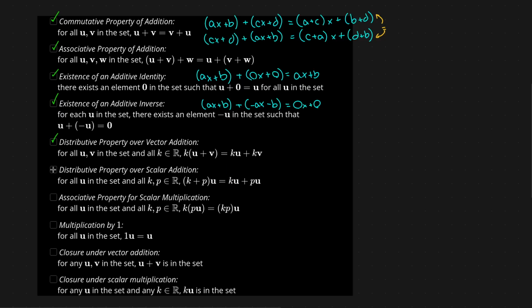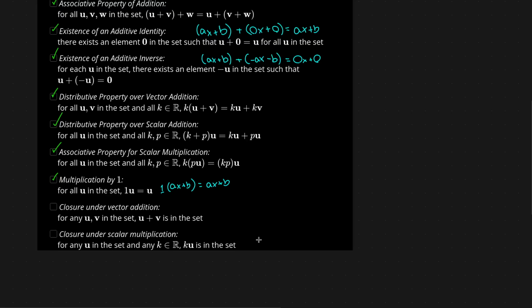Same thing for the associative property for scalar multiplication. A lot of these we intuitively know because we're familiar with this set. We've used it for a long time. If I take ax plus b, if I multiply it by 1, yeah, that's going to give me ax plus b back. So multiplication by 1, that checks out.